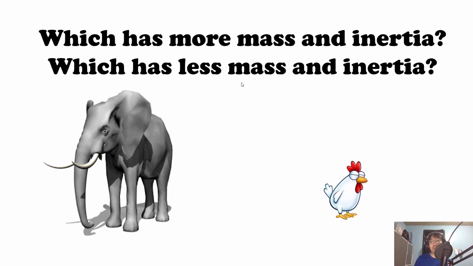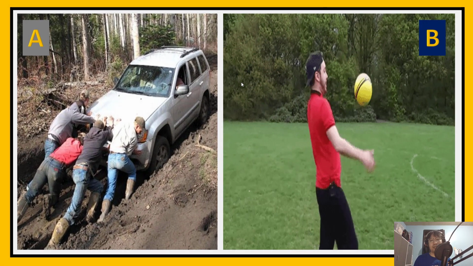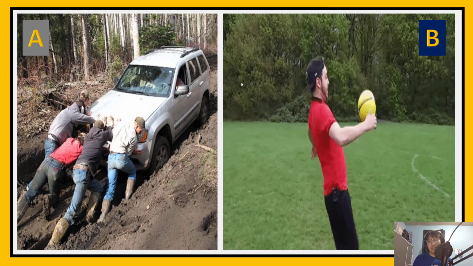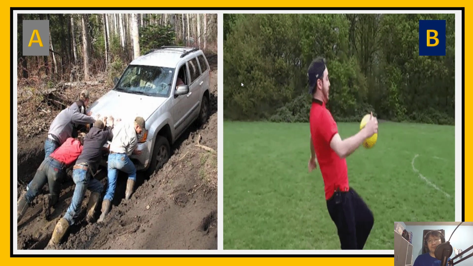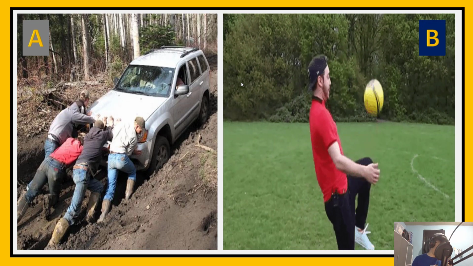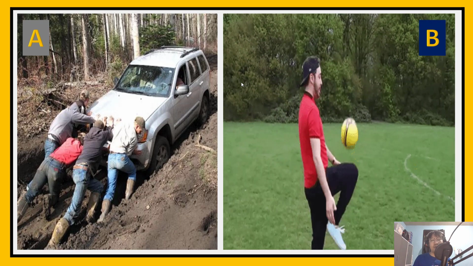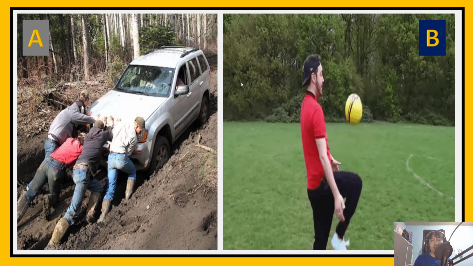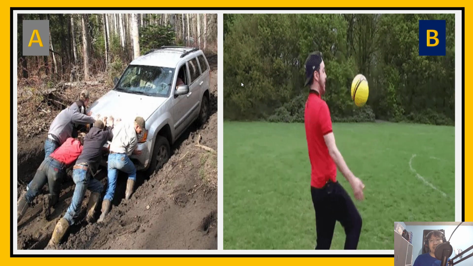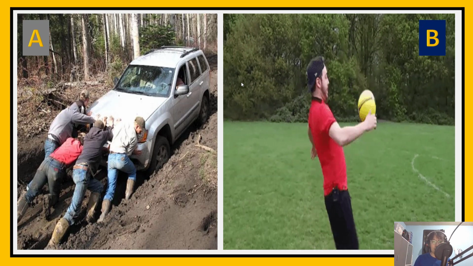Based on what we discussed earlier on this topic, we can apply the same concept on these two new examples. A car has more inertia and more mass, and then the ball has less inertia and less mass.